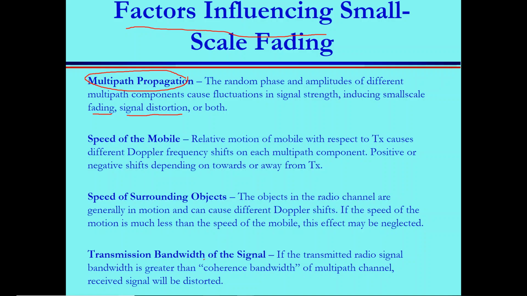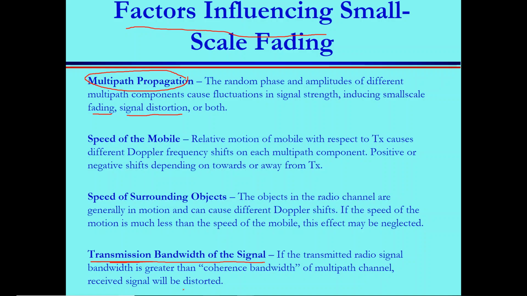Plus, the transmission bandwidth of the signal significantly influences the amount of your small-scale fading, and this is actually the limiting factor. If the transmitted radio signal bandwidth is greater than the coherence bandwidth of multiple paths, your received signal will be distorted. And this is the limiting thing of the medium.